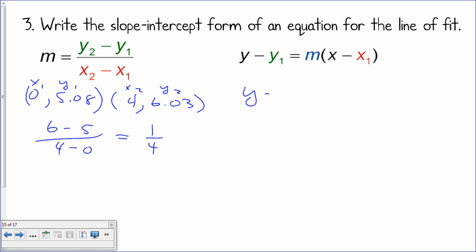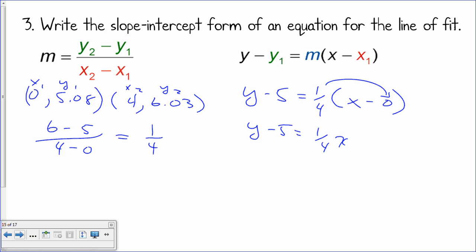Okay, so y minus what? 5 equals 1/4 x minus 0. Okay, so y minus 5 equals 1/4 x. What is this times that? 0, right? Positive or negative? It doesn't matter.